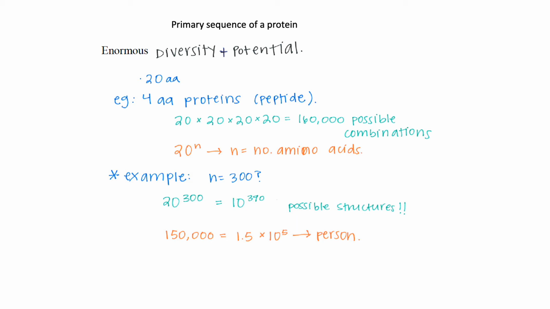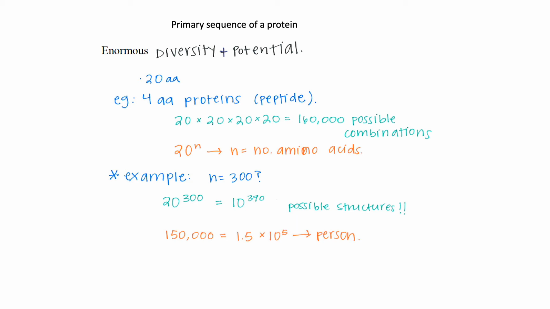And so the equation actually is 20 to the nth power, where n is the number of amino acids in the protein. So if we had, for an example, an average protein of 300 amino acids, how many possible combinations would there be?